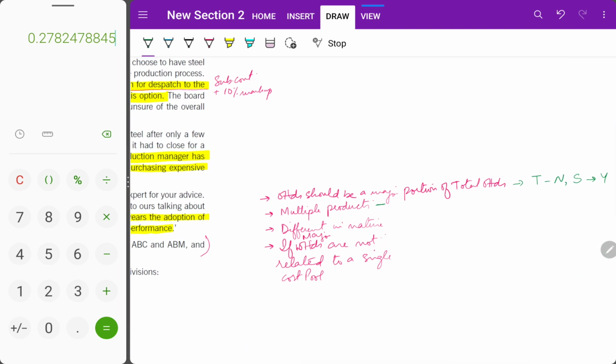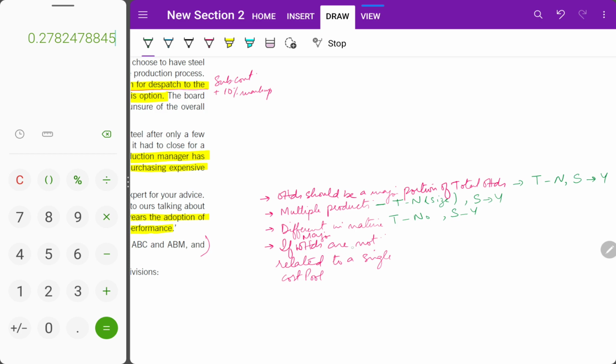So timber is not exactly manufacturing multiple products, it's just different in size. And steel division is manufacturing multiple products, different in nature. Timber division is just manufacturing different sizes, so probably no. And steel division, yes, because they are manufacturing the customized product.